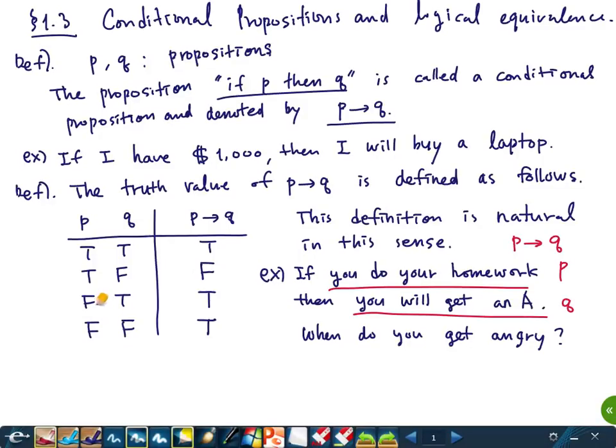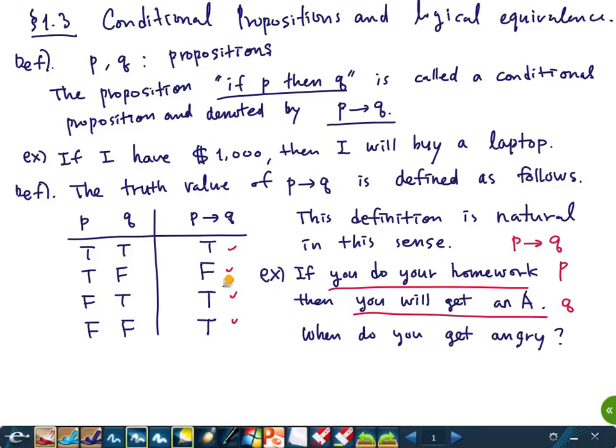What about this? You didn't do your homework, but you still got an A. Would you be angry at me? No, you will be okay. You will not call me a liar. This is fine. You didn't do your homework, and you didn't get an A. You may get angry at yourself, but not at me. You cannot call me a liar, right?